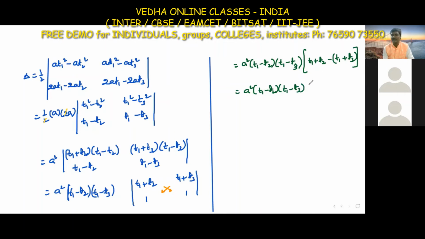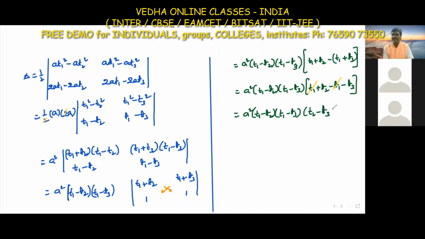Expanding this bracket, t1 plus t2 minus t1 minus t3, anything possible gets cancelled: we can cancel t1 and t1. So we get a square into (t1 minus t2) and (t1 minus t3), and (t2 minus t3).